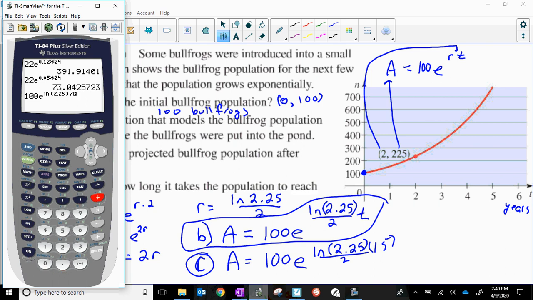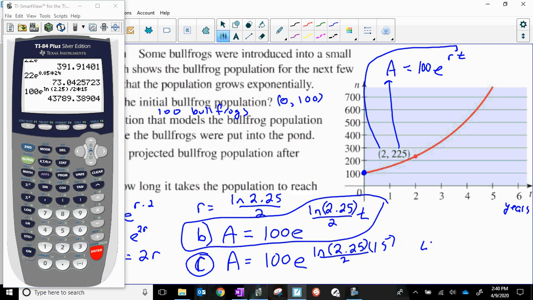Make sure you close the parentheses for the logarithm. Order of operations matter. So after 15 years, we're estimating there are 43,789 bullfrogs.